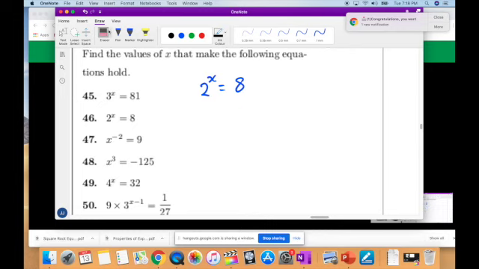And at the end of the day, this is not correct at all. What you just did there? No. You could only say that if it was x squared. If I had x squared, then I could say x is the square root of 8.